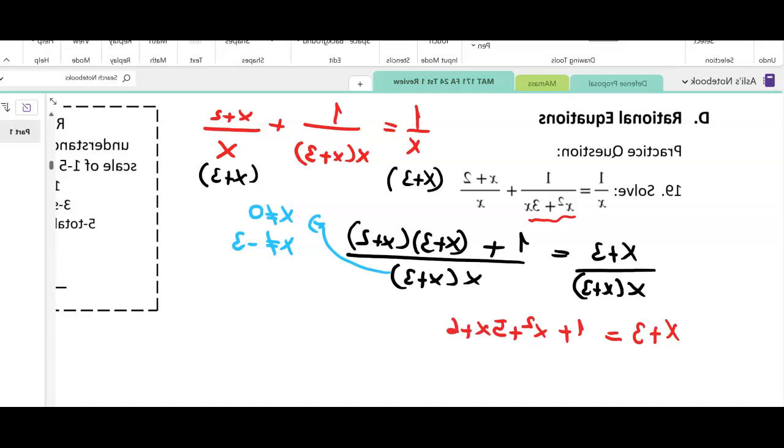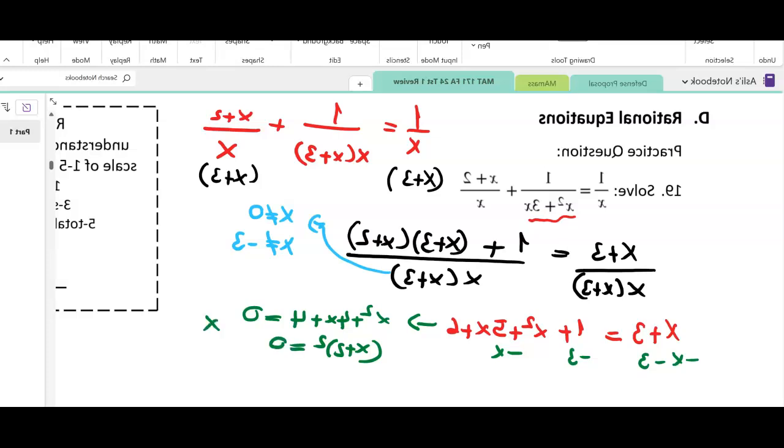Now I'm solving a quadratic equation here. So negative x, negative 3, negative 3, negative x. Then this will become x squared plus 4x plus 4, and that is equal to 0. This is actually a complete square, x plus 2 squared, equal to 0.